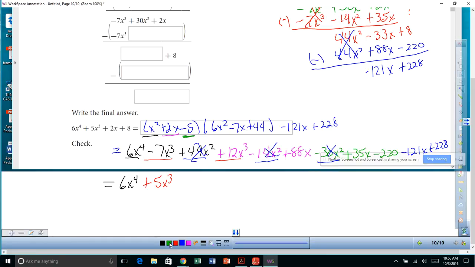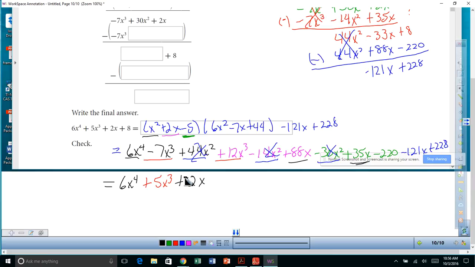Good. And then let's try here. Plus 88x plus 35x. Let's see, 88 and 35. That's 80 and 30 is 110, 118, 123. So you got 123 minus 120. That's going to give you plus 2x.